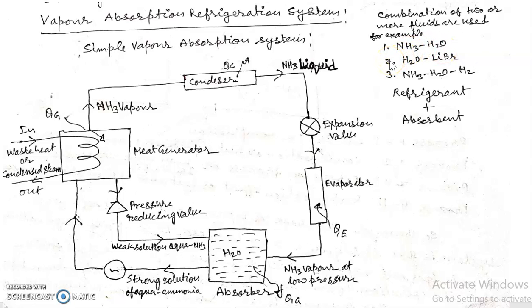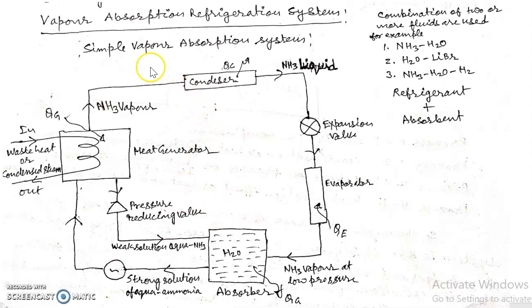In another combination, H2O lithium bromide system, H2O works as a refrigerant, whereas lithium bromide, being a hygroscopic salt, acts as an absorbent. In a three fluid system, NH3, H2O and hydrogen, ammonia acts as a refrigerant, water acts as an absorbent, and hydrogen is used to increase the rate of evaporation of ammonia.